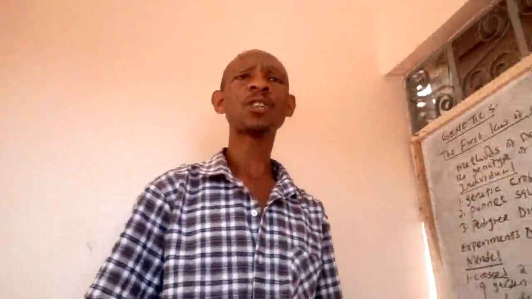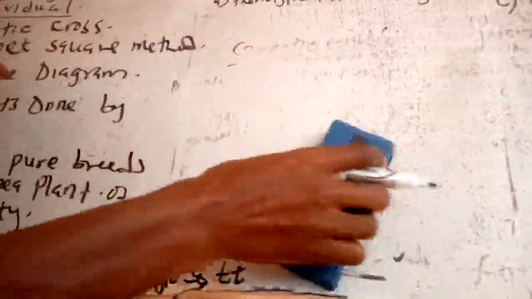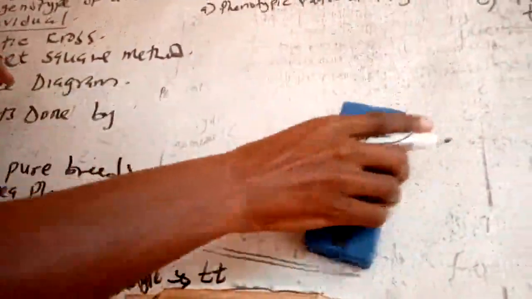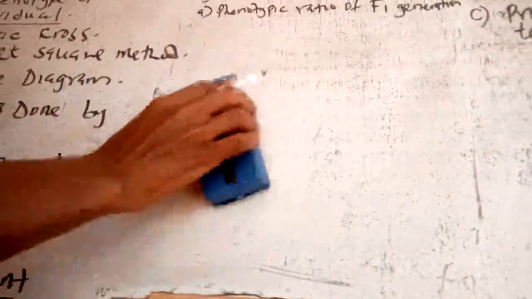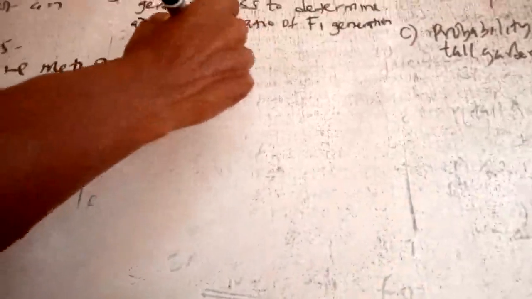And the tall variety was not pure, it was an impure tall variety, meaning that I can delete this and explain what happened. As a result of Mendel working with the tall variety, you normally know that a tall variety can be represented either in homozygous condition or heterozygous condition.